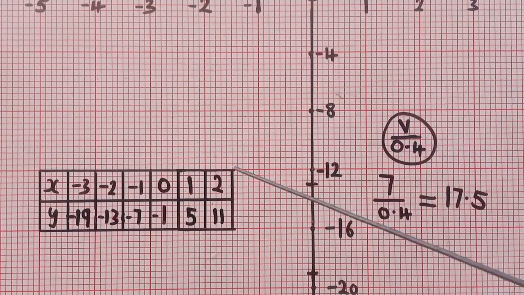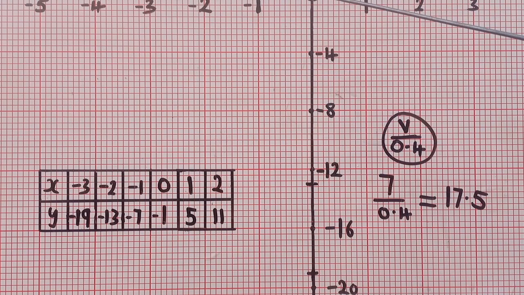We have it that this 7, which replaces this v, is 7 over 0.4 when substituted, and we have 17.5. That is, count 17.5 unit boxes from this origin downwards. Whatever it ends, stop there, and that is the location of this -7.